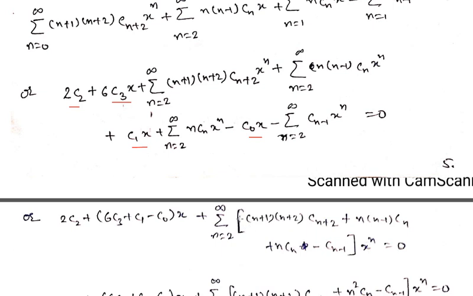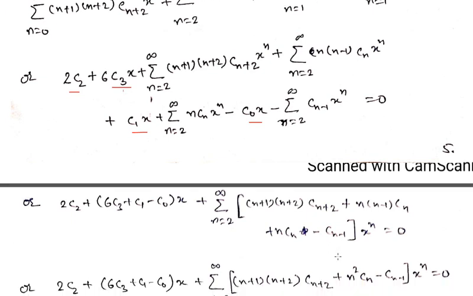Taking these summations together, we get the summation for n varying from 2 to infinity of: first term (n+1)(n+2)c_{n+2}, second n(n-1)c_n, third n c_n, and fourth minus c_{n-1}.